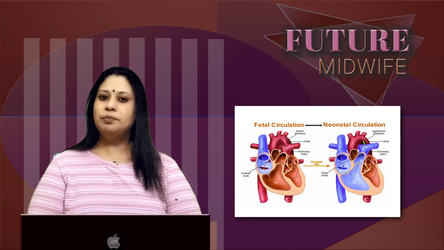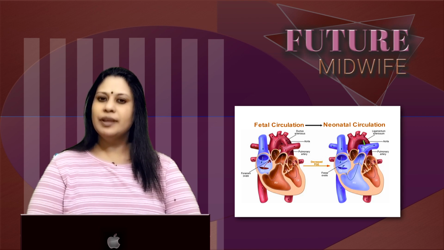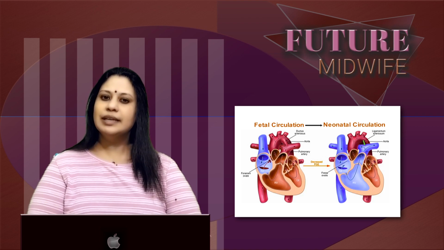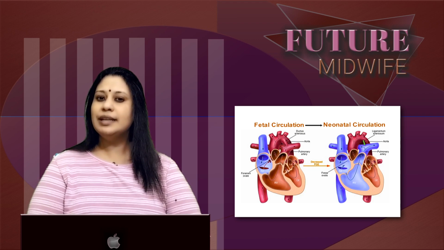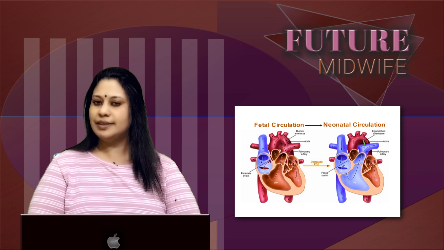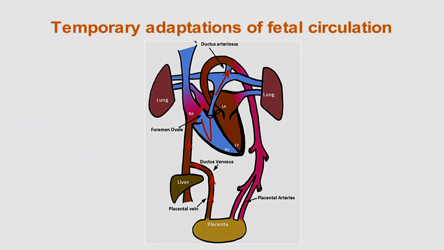Because of that, the blood is passed through the shunt and reaches the fetus and placenta. Whereas after birth, the pulmonary pressure drops, so the shunt automatically closes, and then normal circulation starts. Before explaining the steps in fetal circulation, it's better to explain the temporary adaptations during fetal life.